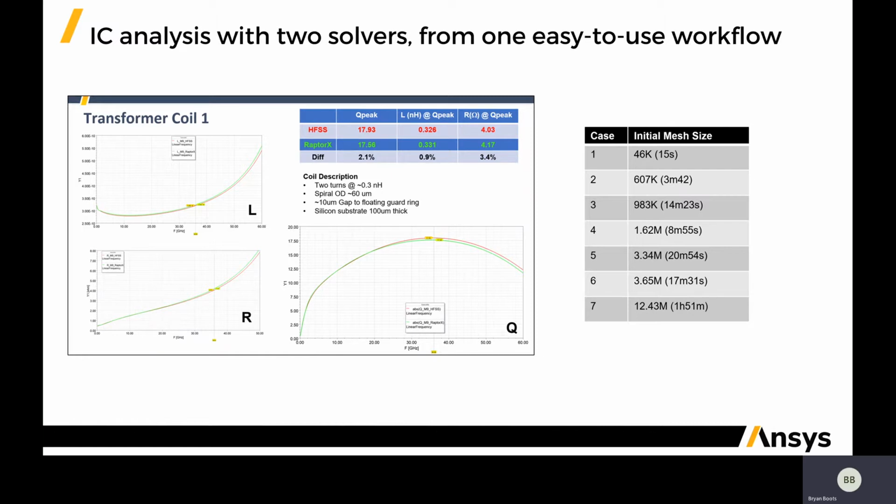And so here we see for a transformer coil, the ability to achieve peak Q correlation of less than 3% and an inductance correlation of less than 1%. And if you've done this simulation game long enough, you know that doing this with 2 completely different methodologies can be difficult, but the ability to do it from a common interface is a very powerful proposition.